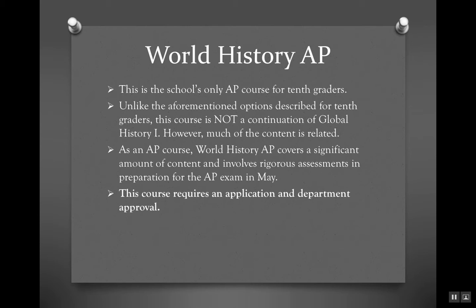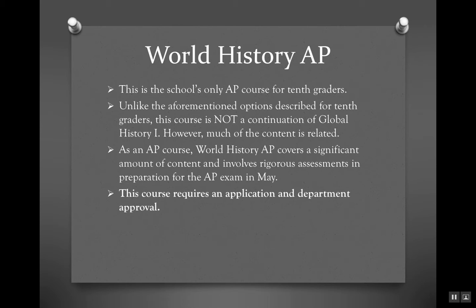World History AP is a unique course. It started this year actually, and it is the only AP class at BC High that is offered to 10th graders. Unlike those last two classes that I mentioned, World History AP is not a continuation of the class that 9th graders here take.